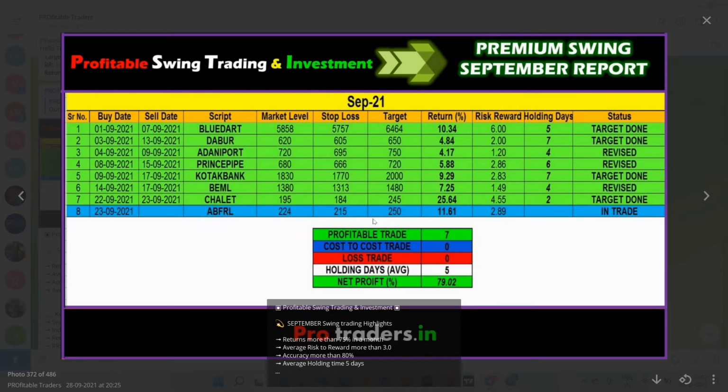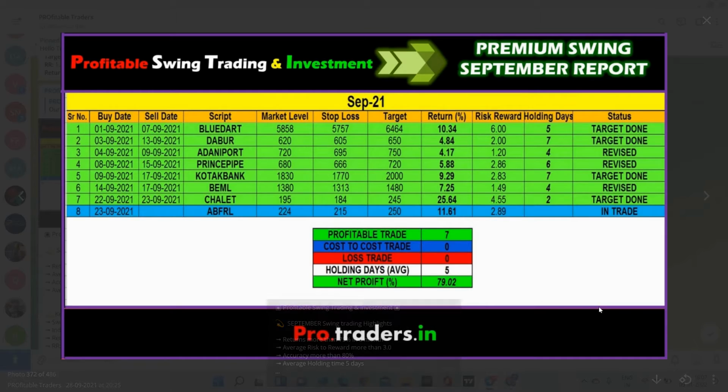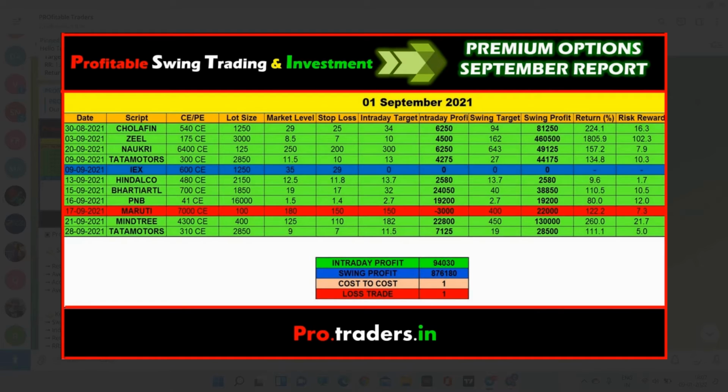Okay, so again this is another example. This indicates that at that time this was still in trade, and the others have been profit. If you see the profit percentage is 79.02, and that's hardly anything. If you have invested, consider any amount as per your capital, and you can definitely make a profit out of it.